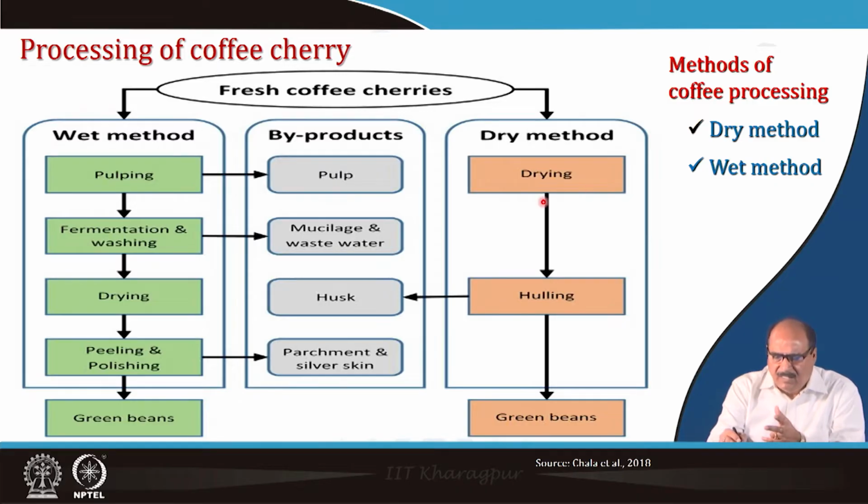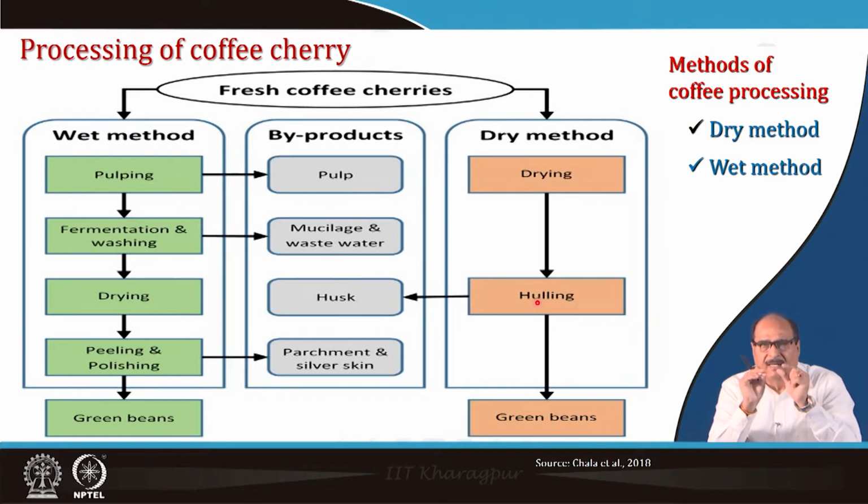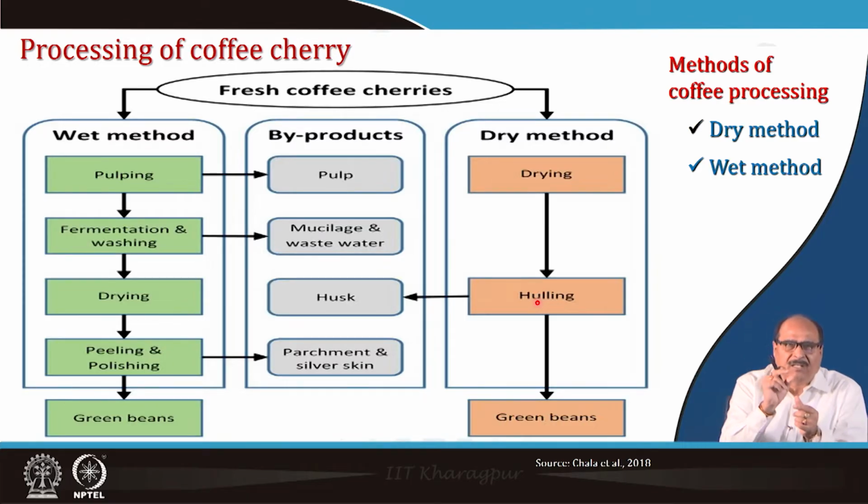You see here the coffee cherries, after they are plucked from the tree, are just dried and then dehulled, because during drying the mucilaginous pulp is dried out and you get a thick hull or husk. Then by simple hulling the husk is removed and the green coffee beans are obtained.